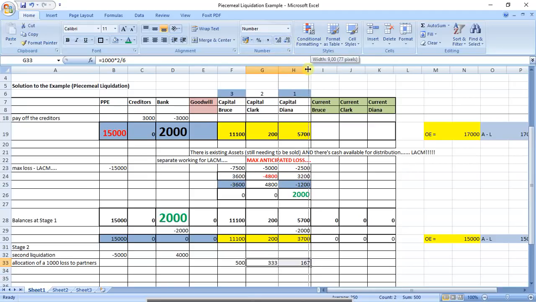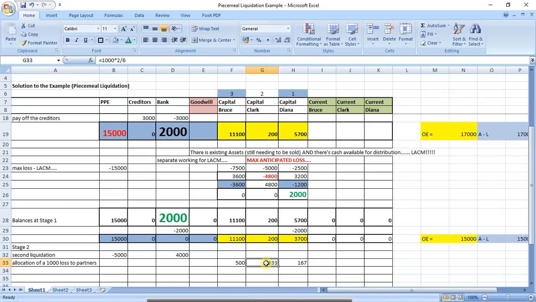Okay, all right. So again, just round off to the nearest rand, just to avoid any decimals. Those are the amounts that are going to have to be shared between each of the partners in terms of a loss.